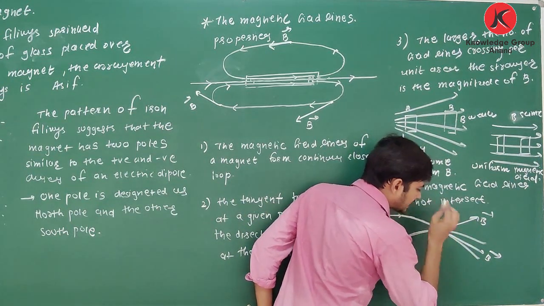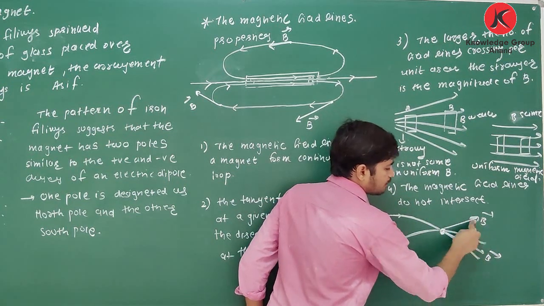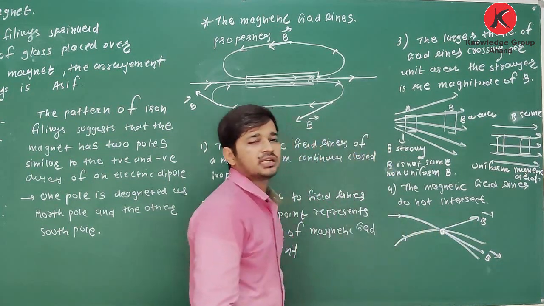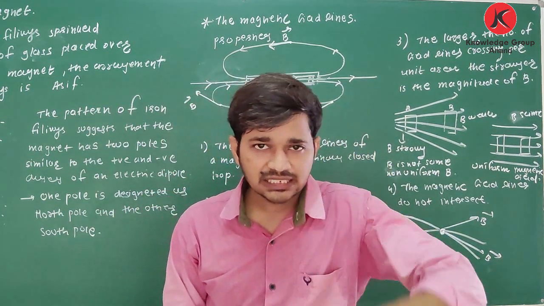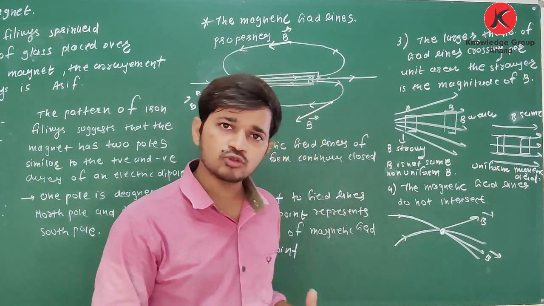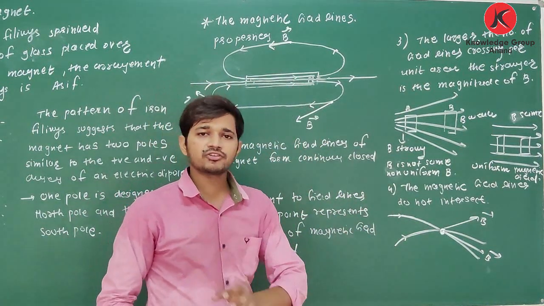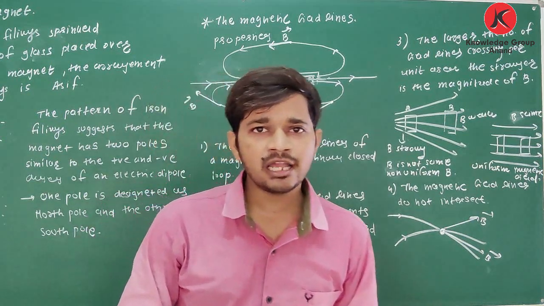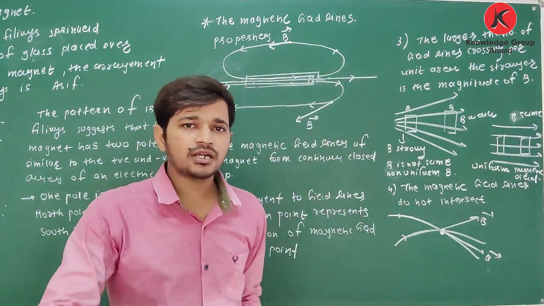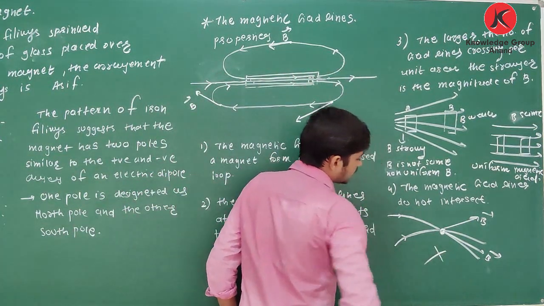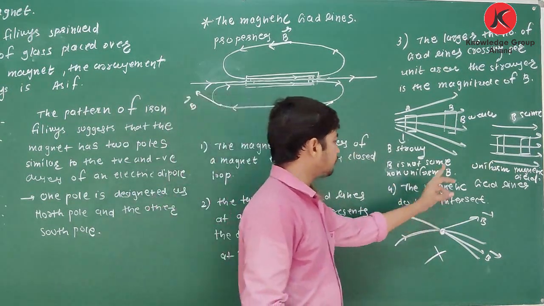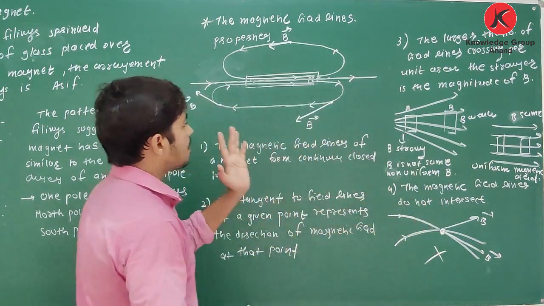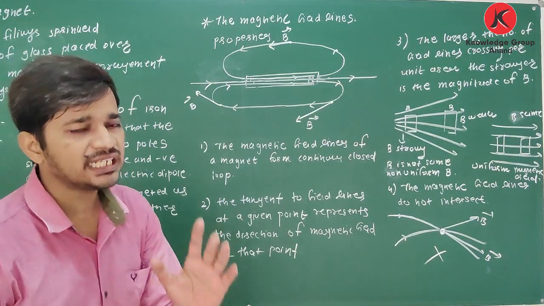So for the same point, we would have two directions of the magnetic field. Is it possible that at the same time I am facing both north and south? No, it is not possible. At a time, two directions for an object or particle is not possible. So the magnetic field lines do not intersect.